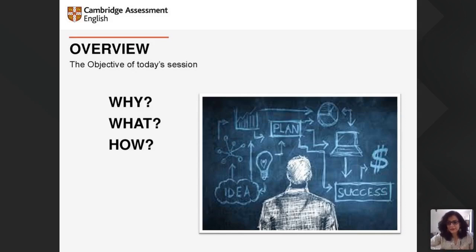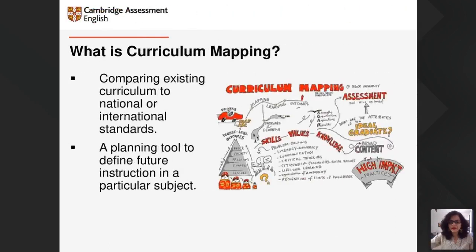What is curriculum mapping exactly, and how do we go about it? We will first look at the reasons, then the what of it, and in the how we will look at certain approaches and techniques which will give you a fair idea of how to go about curriculum mapping.